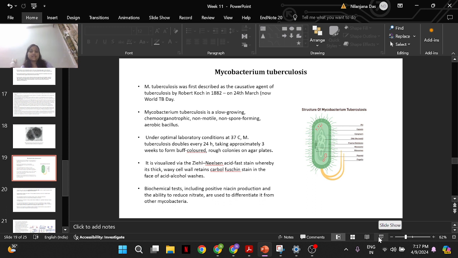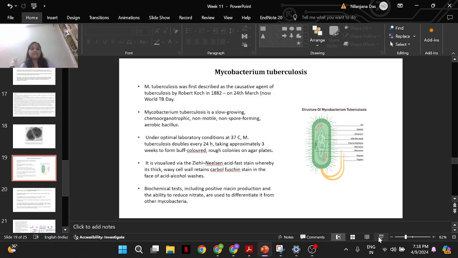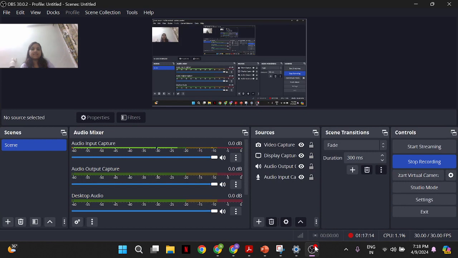So you can understand, this is another smart bacteria escaping the immune system. Mycobacterium tuberculosis was first described as the causative agent of tuberculosis by Robert Koch in 1882, on 24th March, which is now known as TB Day.